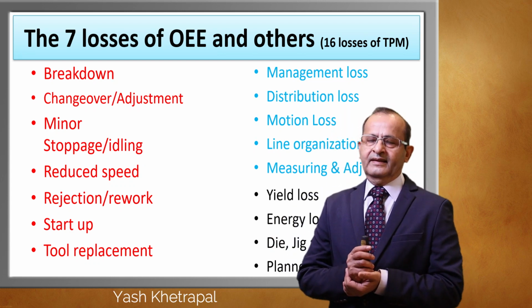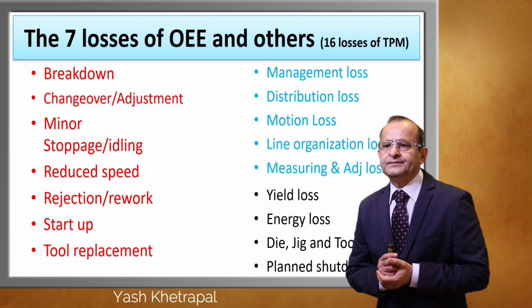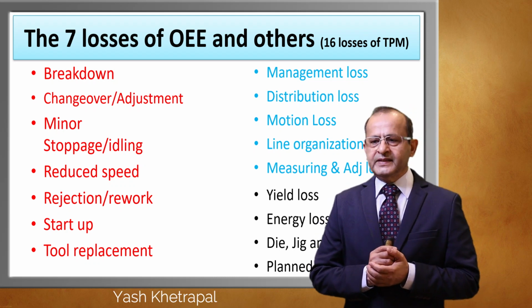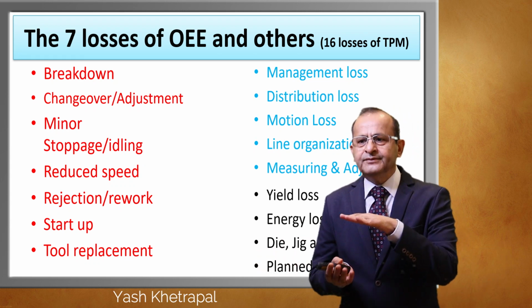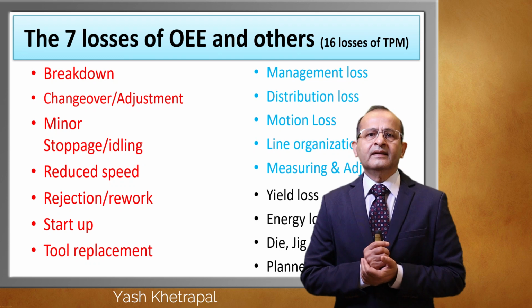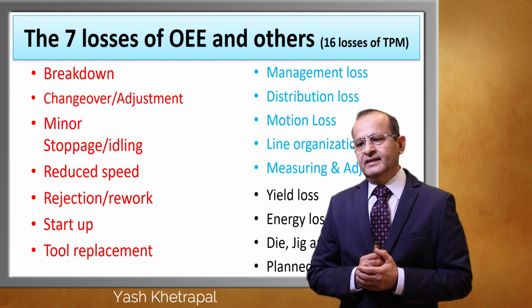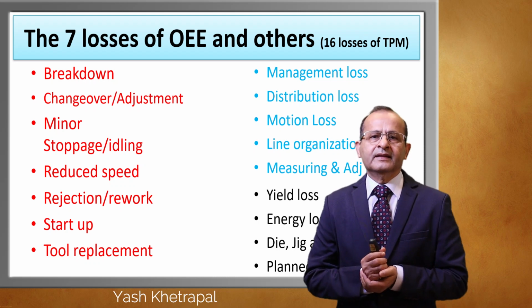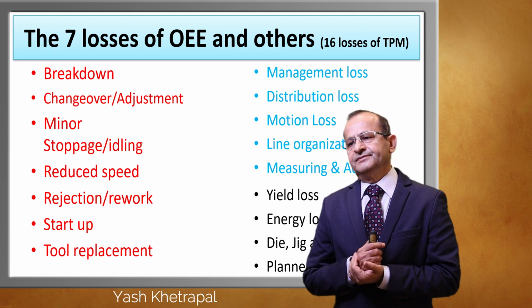First, machine related, equipment related losses: breakdown, changeover, adjustment, minor stoppage, reduced speed, rejection, rework, startup loss, tool replacement loss. Fair. What are management losses?